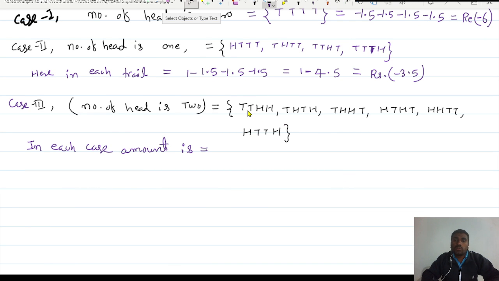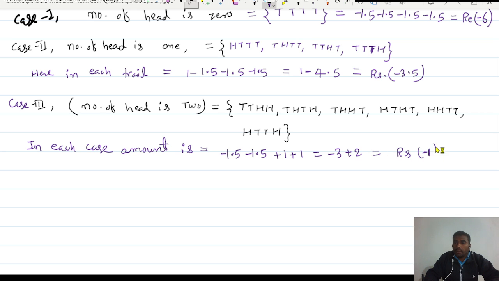We are getting 2 tails and 2 heads, right? So for 2 tails you are getting minus 1.5, again minus 1.5, and for each head you are getting +1. So that is minus 3, and then +2. That is total you are getting Rs minus 1. Ultimately you are in loss, minus 1 rupee, right?